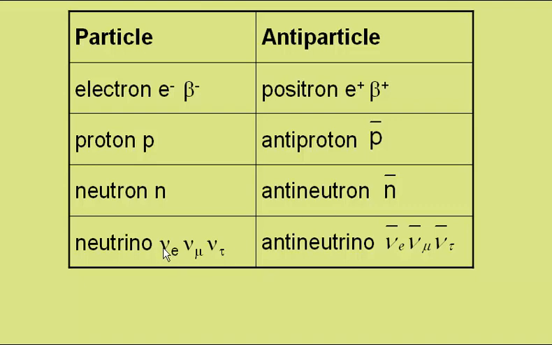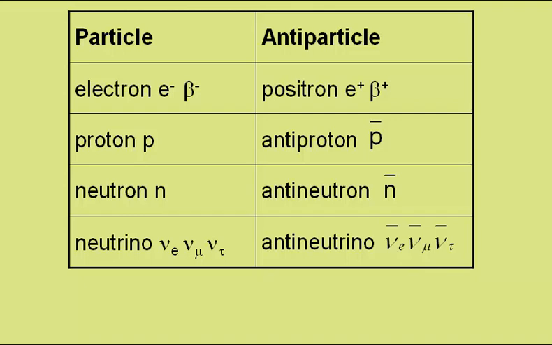Neutrinos all have this symbol, but have a subscript e for the electron neutrino, a subscript mu for the mu neutrino, and a subscript tau for the tau neutrino. The symbols are the same but with a line over the top for the antineutrinos. Like I said before, particles and antiparticles have the same mass but opposite charge.